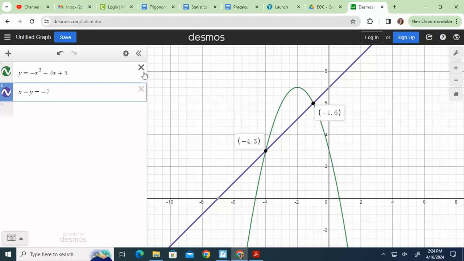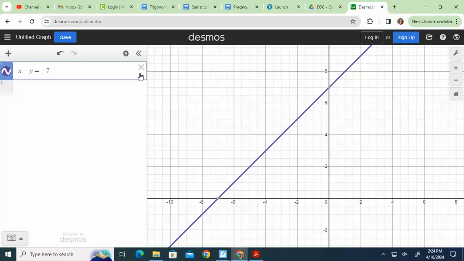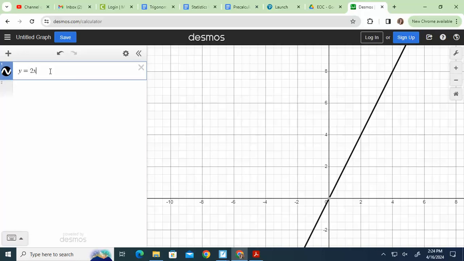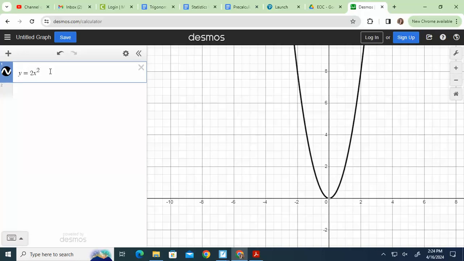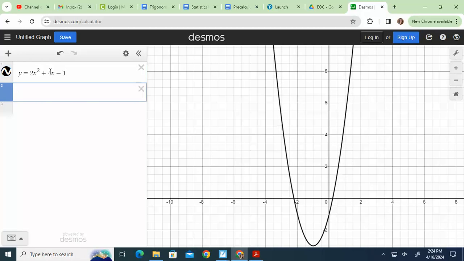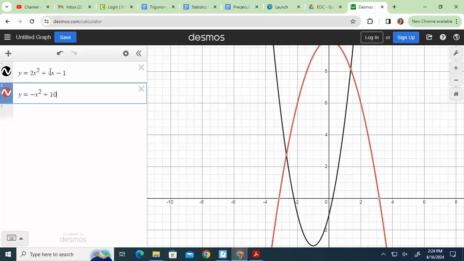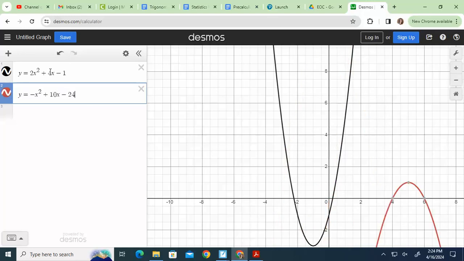Okay, if we look at the next one. What kind of equations are both of these? 2 quadratics, so we have 2 parabolas. Right.